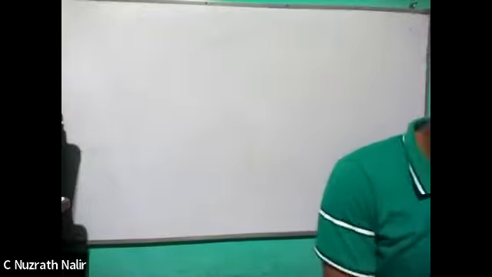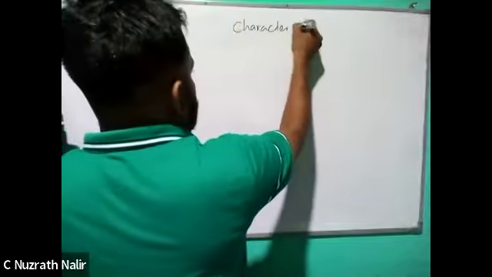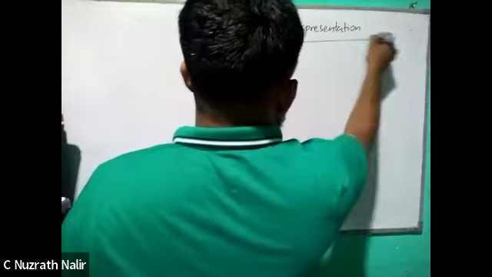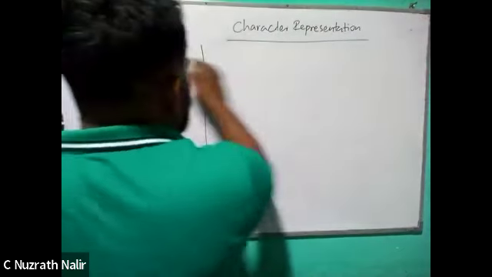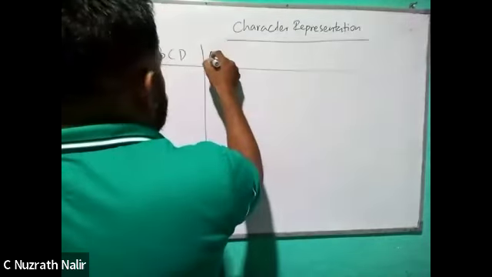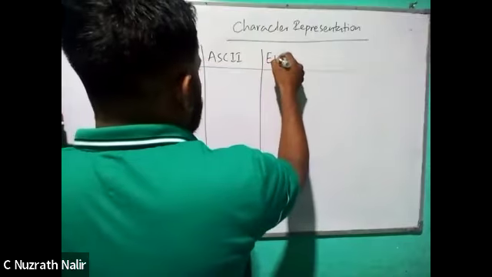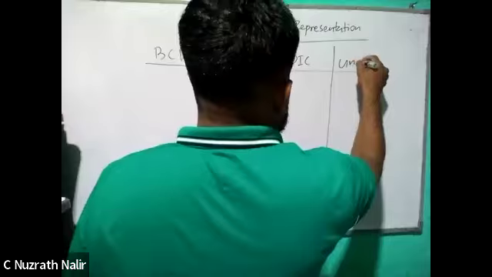Okay, the next one is coding systems, the character representation. We say BCD, binary coded decimal, and the ASCII, EBCDIC, and the Unicode.